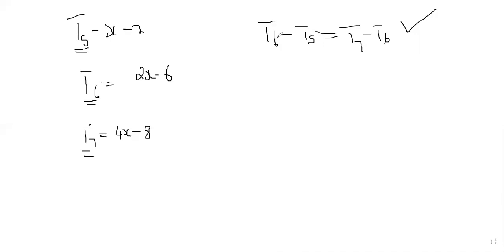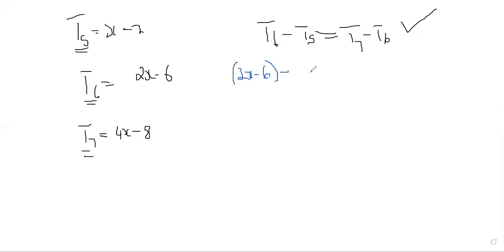So how do we then work this out? It's easy. From here, you simply substitute, and it's a matter of knowing how to use your signs, right? So term 6 is 2x minus 6. So we put 2x minus 6, right? We put it in brackets, and then minus term 5.